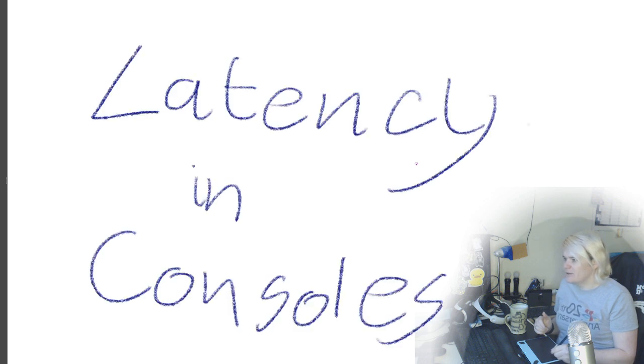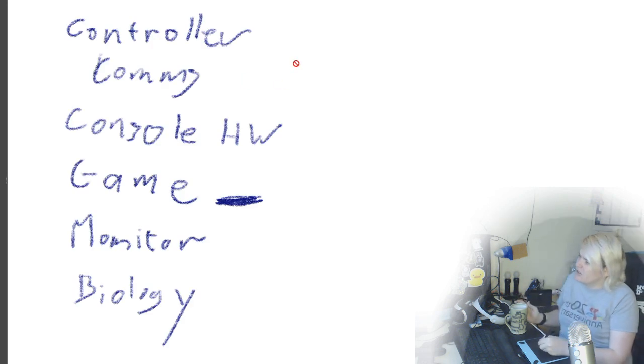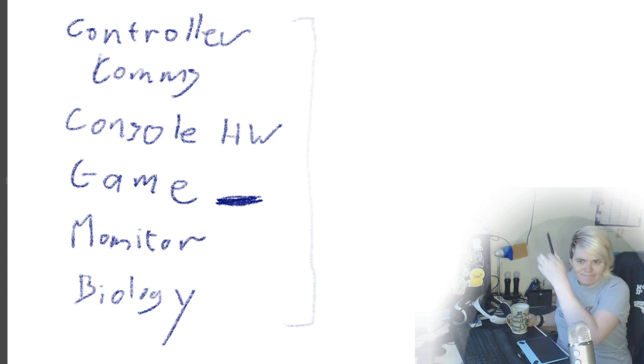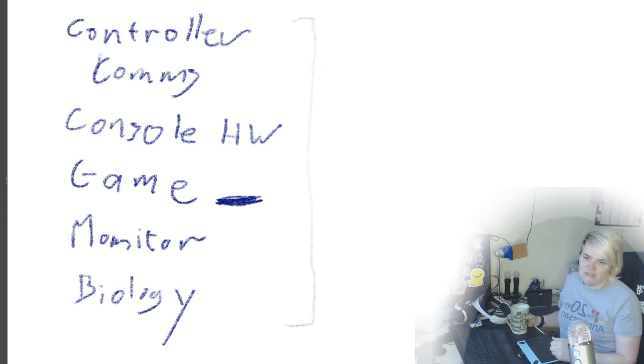And yet everyone, when they're talking about latency in consoles and latency in games, wants to talk about frame rate. Whereas if you look at the full story from the controller to the human biology to the reaction, you can see why that's so problematic.